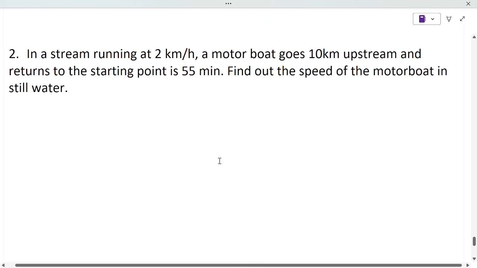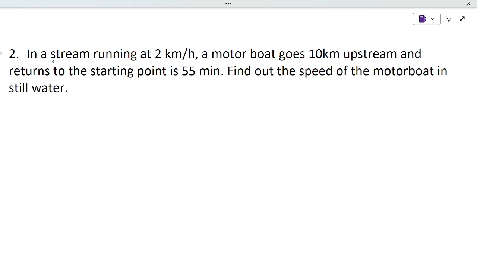So here, a stream running, we're talking about the stream's speed, 2 km per hour. The boat goes 10 kilometers. This is not the speed of the boat. This is the distance.